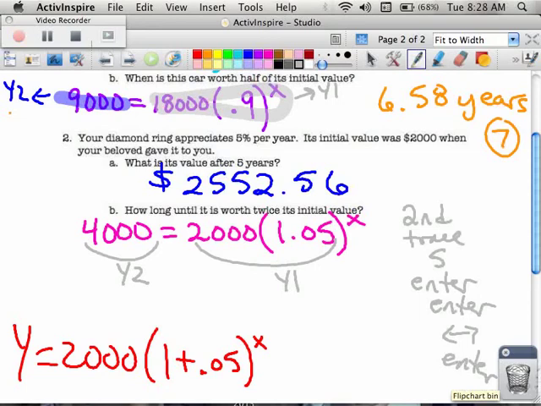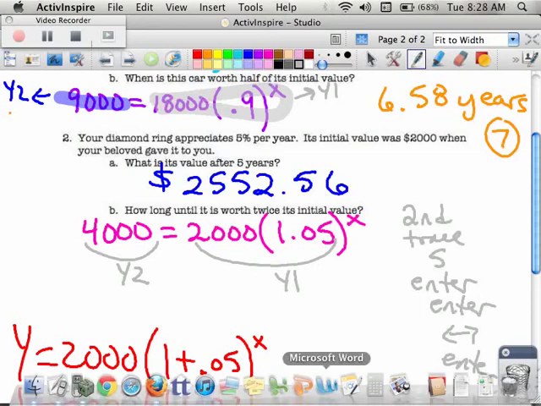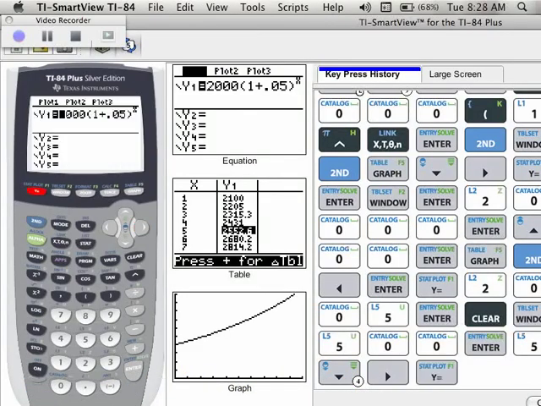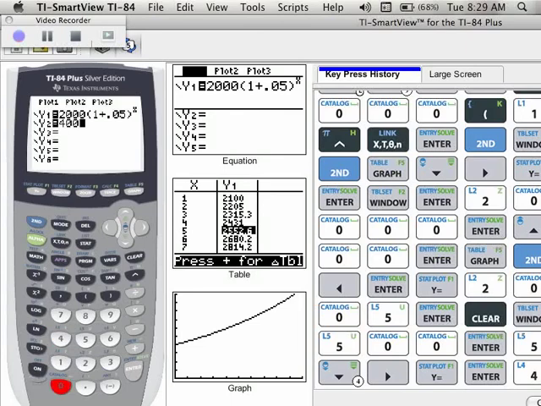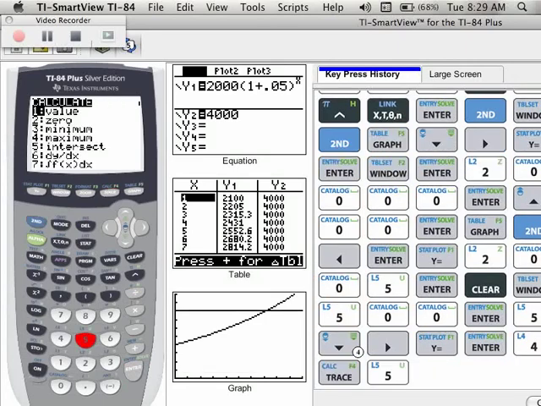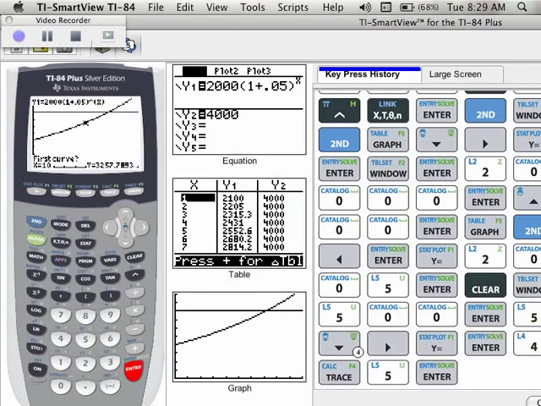So I got to put that 4,000 into my calculator. I go into my Y2 and I type in 4,000. And then I go second, trace, number 5. And then I do enter, enter, and then I arrow to where I think they're crossing, and I hit enter.